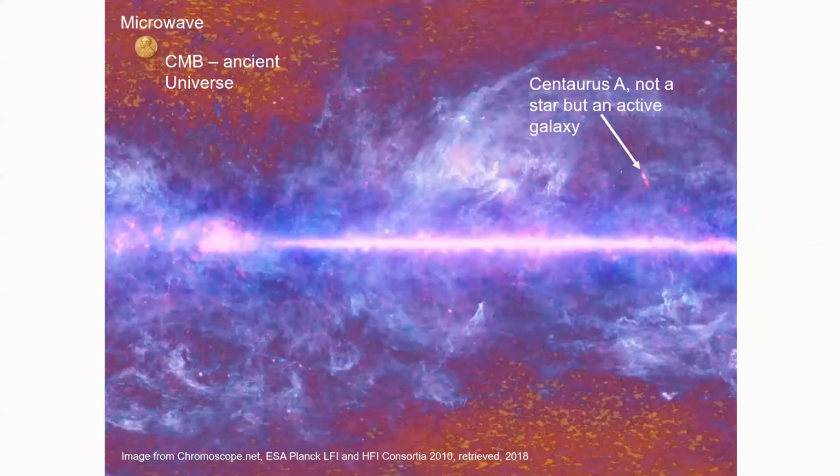And a very famous example is if you look at the microwave spectrum, then you get a very different view of the Milky Way. Now you can see past all those dust clouds. That's to do with the size of the dust particles compared to the wavelength of the light you're using, which is why you can see past it. Also, you see this texture in the background to the Milky Way.